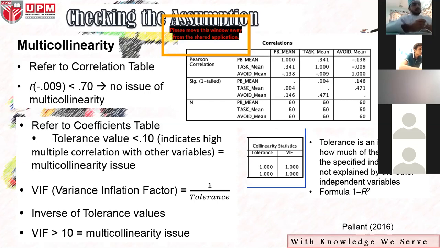But then when looking back at the coefficient table for the tolerance value, I got 0.456. That is indeed a multicollinearity issue, because if the tolerance value is 1, there is no multicollinearity issue. If the value is less than 1, there is a multicollinearity issue.